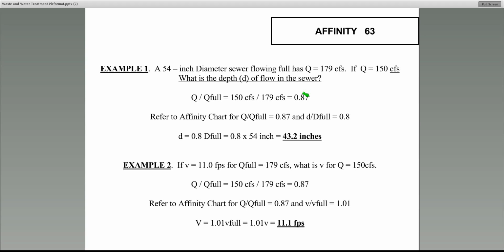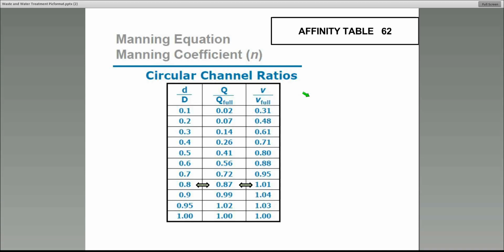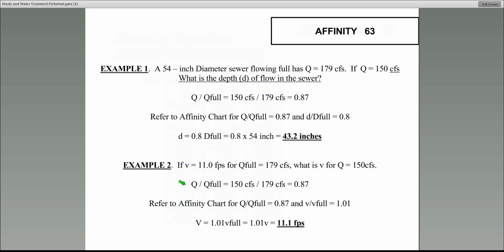To get the depth, go back to this table. Q over Q full that we calculated is 0.87. We want the diameter ratio, so we get over here, it's 0.8. So we simply multiply 0.8 times the 54-inch pipe, and the depth from the base of the pipe up to where it's flowing 150 CFS would only be 43.2 inches.